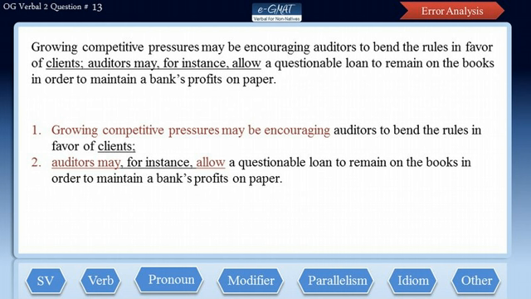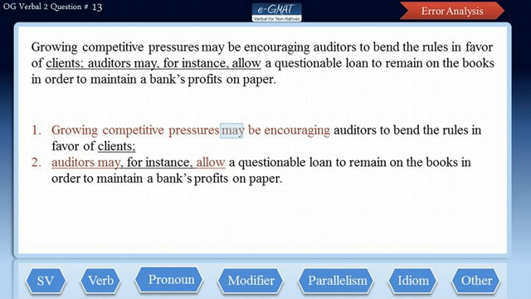Now, all the subject-verb pairs in this sentence make sense together. Growing competitive pressures make sense with may be encouraging, and auditors with may allow. Also, all the verbs used in this sentence are written in simple present tense, which is logical because the sentence talks about the present day situation. Also, in clause 1, we have may.